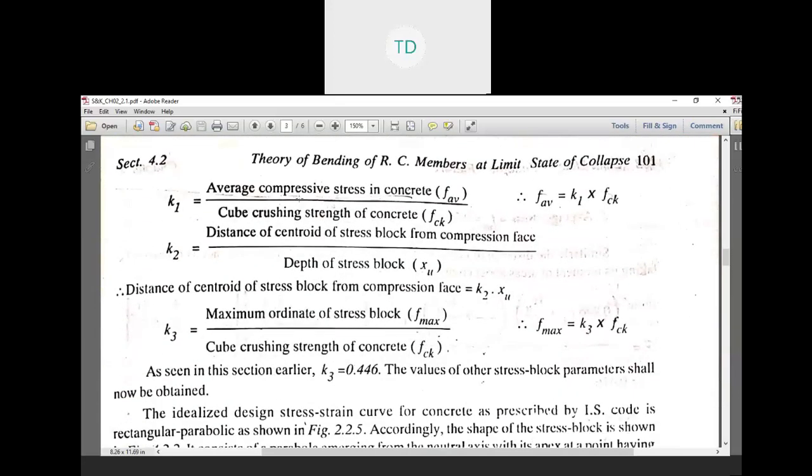K1 is equal to average compressive stress in concrete divided by cube crushing strength of concrete, which is favg equal to K1 into fck. Same as K2 is equal to distance of center of stress block from compression face divided by depth of stress block XU.